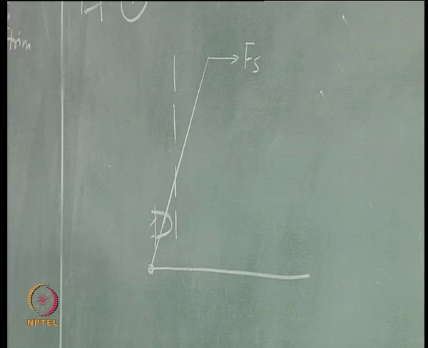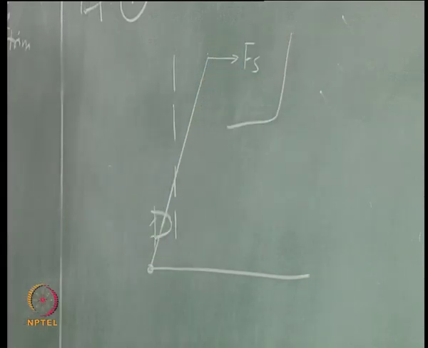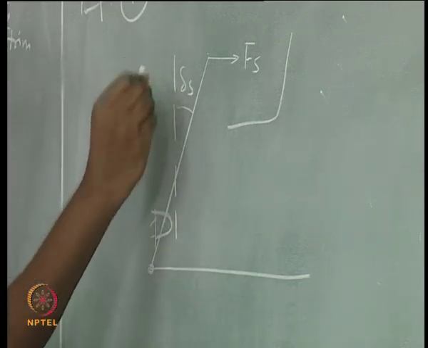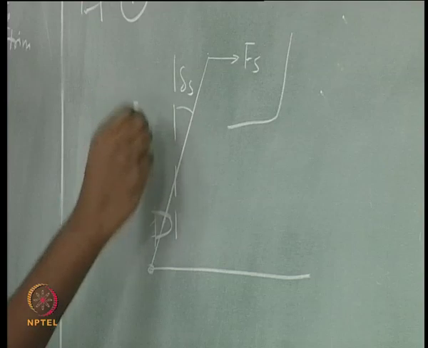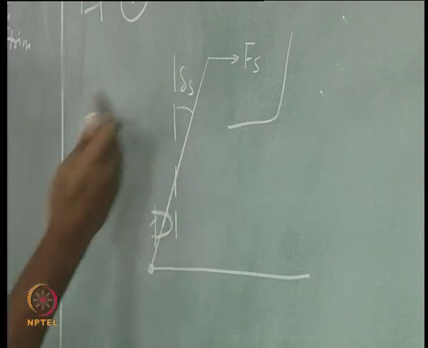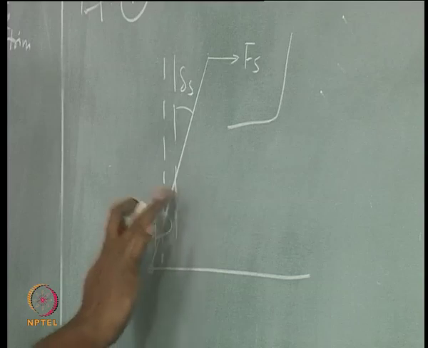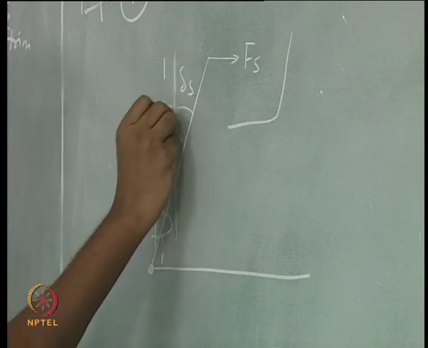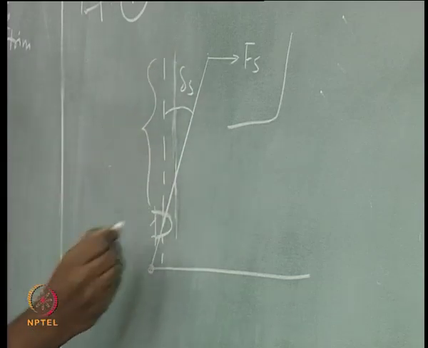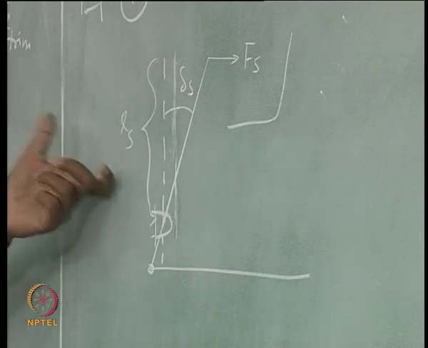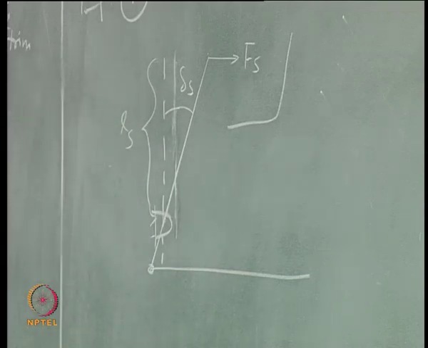So, pilot is sitting somewhere here and he is pulling the stick towards himself. Okay, so maybe this line can be shifted here, and this is the arm that he has, right.